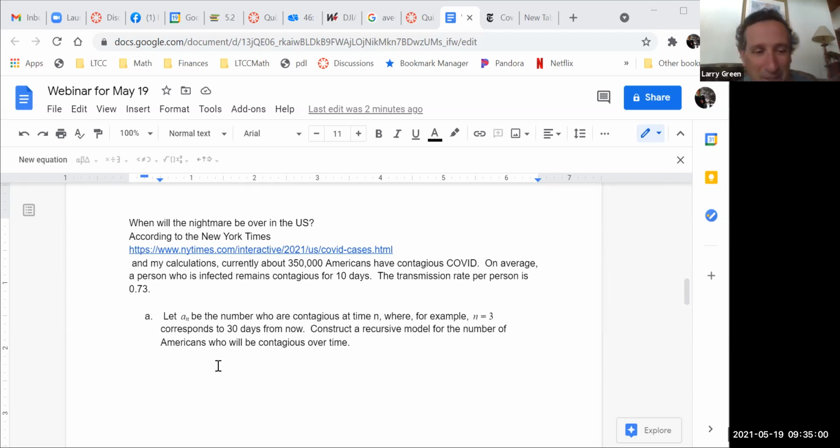Okay, so we got 2 people with the same thing, and that's correct, which is great. Typically, you write down A_0 when you do recursive models. That's just style, but it's what most people do. So A_0 is today, and that's 350,000.